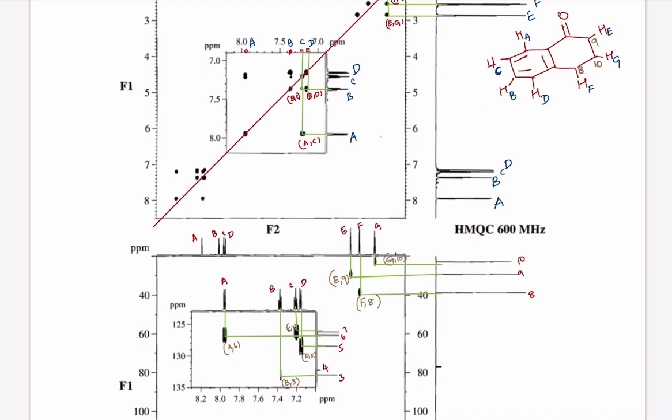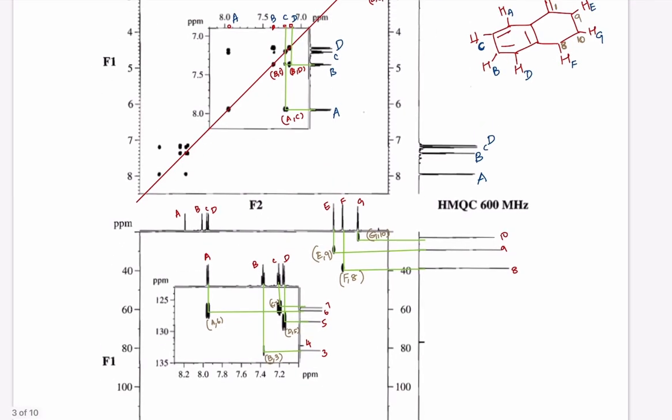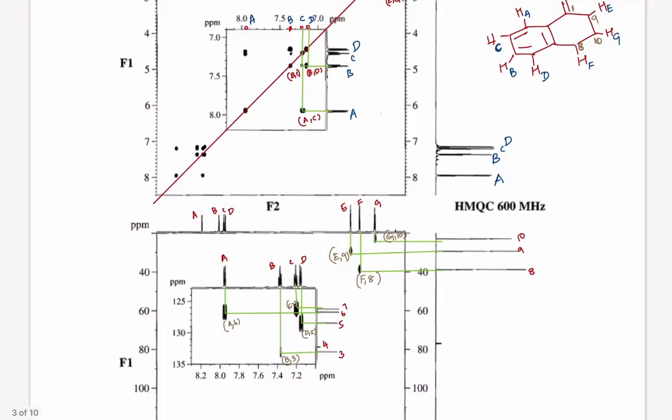And then we already know that the carbonyl carbon is going to be number 1. And then in the aromatic region, HD is associated with carbon 5, and HB is associated with carbon 3, and A is associated with carbon 6, and then C is associated with carbon 7.